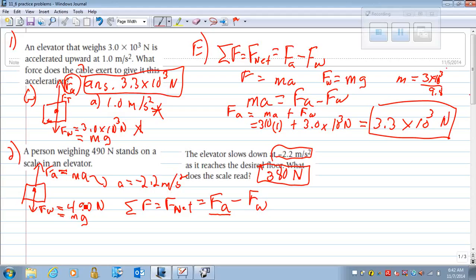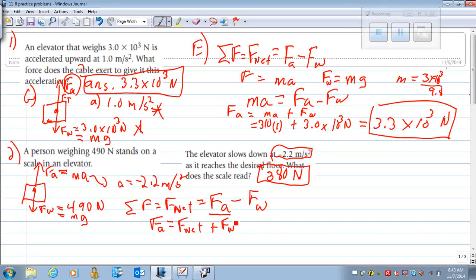All right, so the first thing that we want to do is change this equation around so it shows what it is that we're actually looking for. That means that the applied force is equal to the net force plus the weight force.